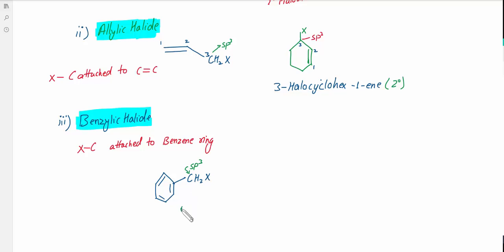And this carbon is attached to only one carbon, so this is a 1 degree compound. So as I said earlier, this division is always there, and it can be 1 degree, 2 degree, 3 degree, all of these are possible, right? So this is our benzylic halide.